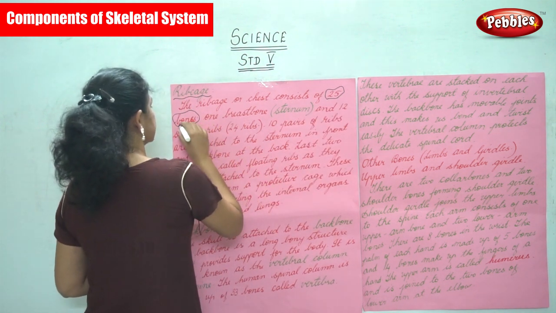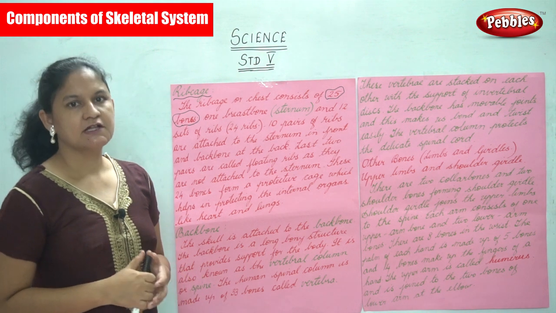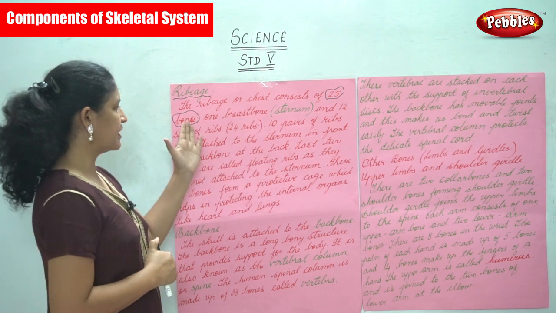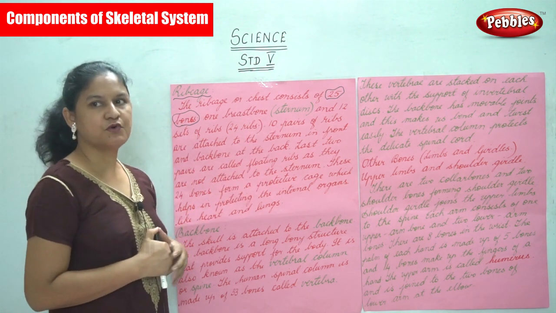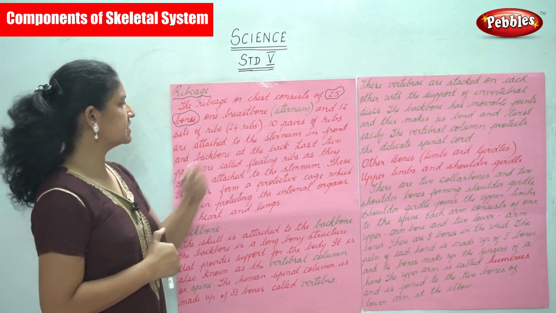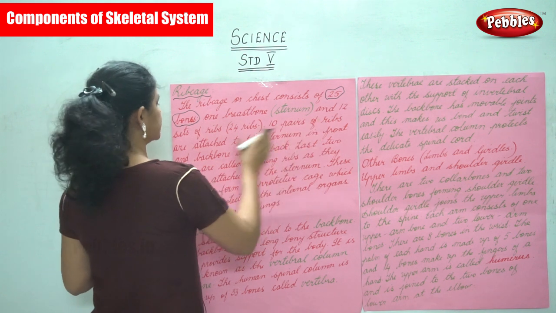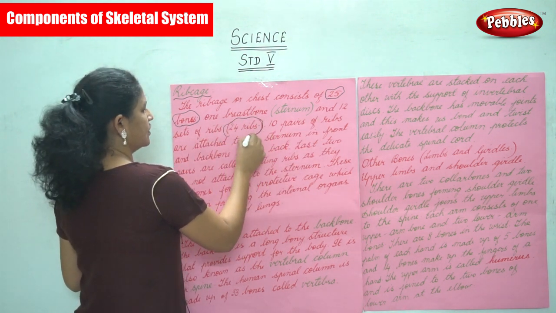We've seen that the skull consists of 22 bones, and the rib cage consists of 25 bones: one breastbone, that is your sternum, and 12 sets of ribs, that is your 24 ribs.